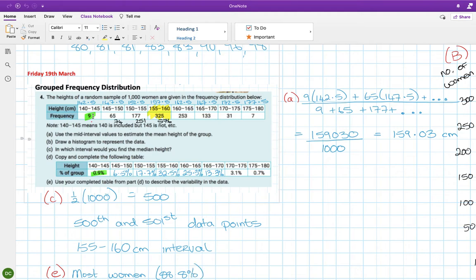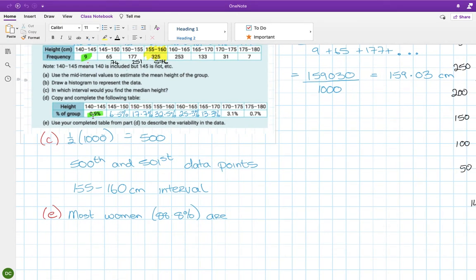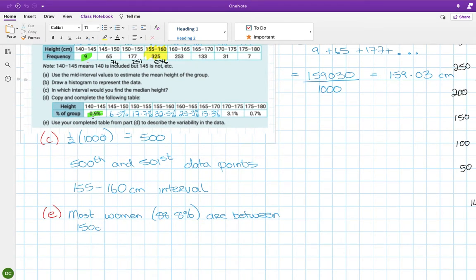88.8% of women are between 150 centimeters and 170 centimeters.